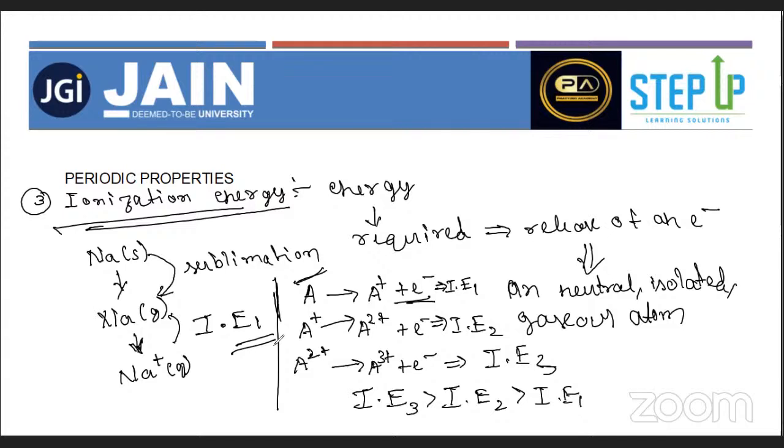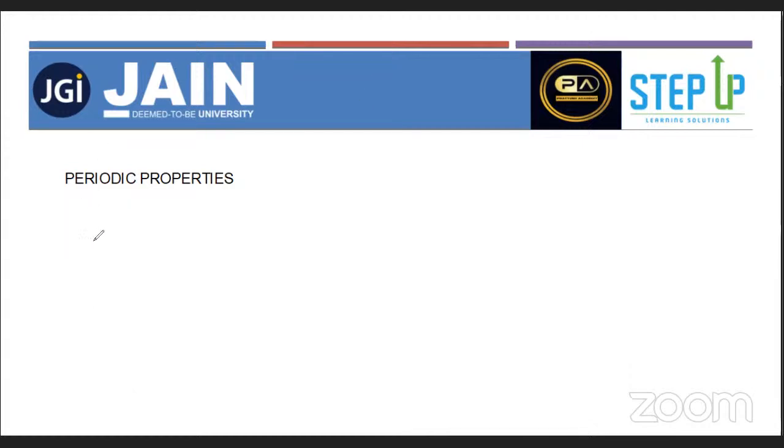So the problem starts there, and that's why this is always true: successive ionization energy will always be higher than the preceding ones.